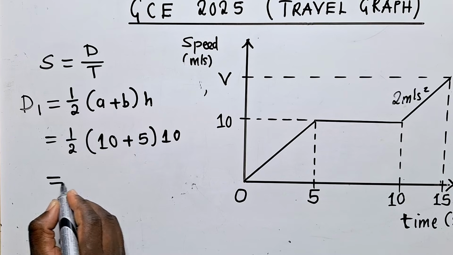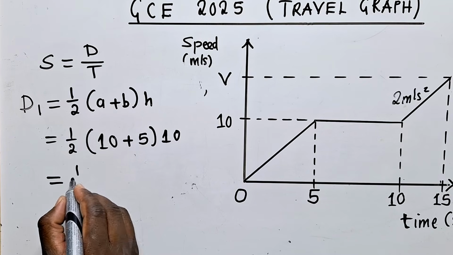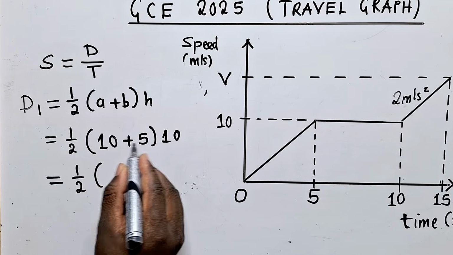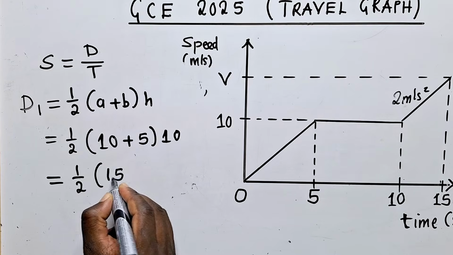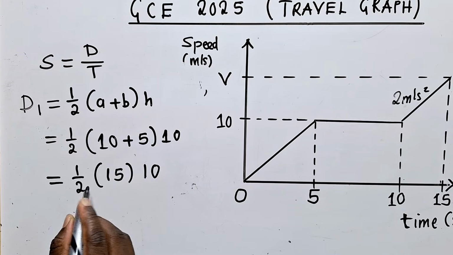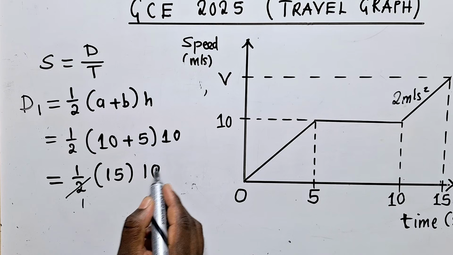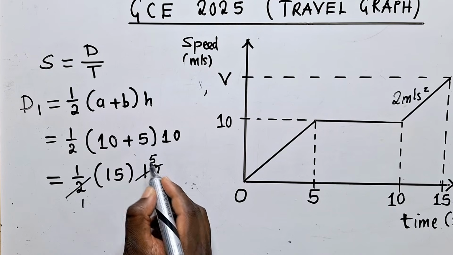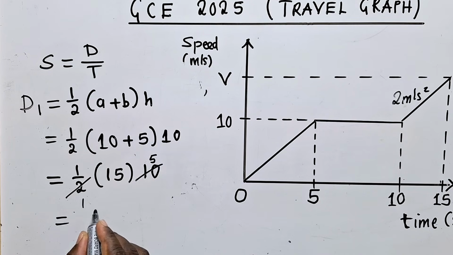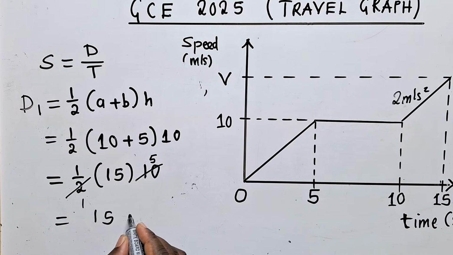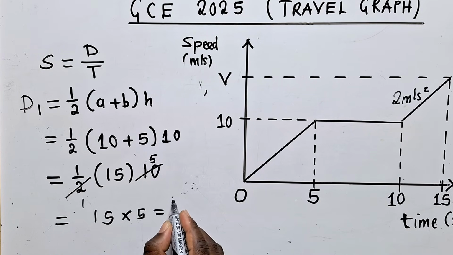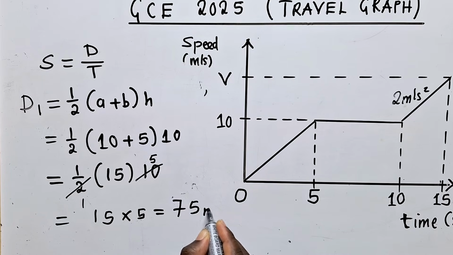So we can now say 1 over 2, we simplify here, we're getting a 15, and then 10 there. Remember the board mass, we can divide 2 into 2, it's a 1, into 10, it's a 5. And then we have a 15 times 5. So 15 times 5 is giving us 75 meters.